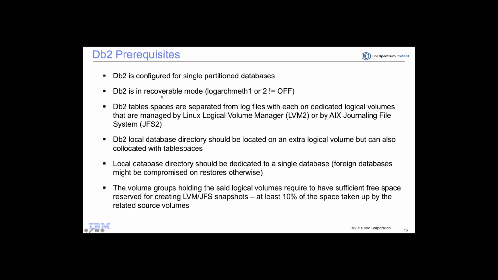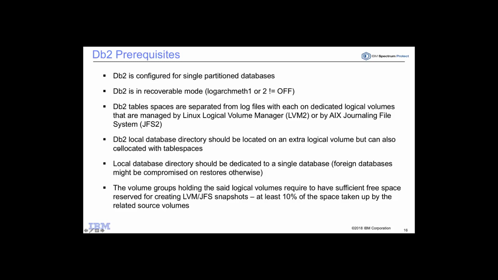The DB2 table spaces and log files must be separated from each other and on dedicated logical volumes that are managed by either LVM2 on Linux or JFS2 on AIX. So that is just so we can take the snapshots and freeze the file systems for completing the snapshot and a requirement of ACS.